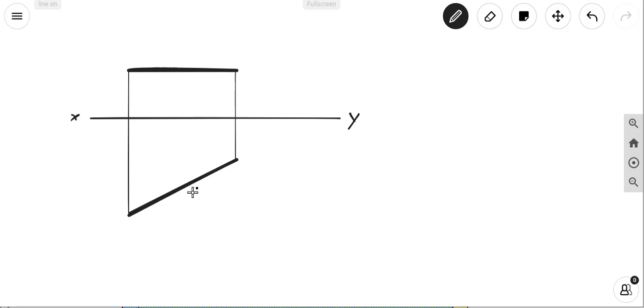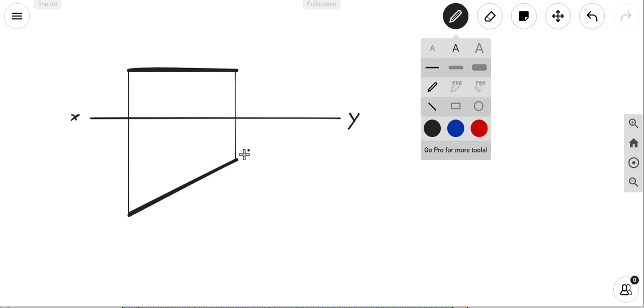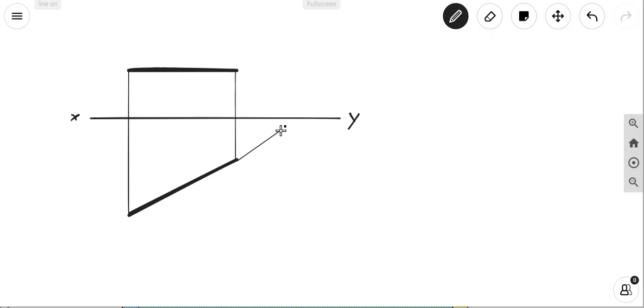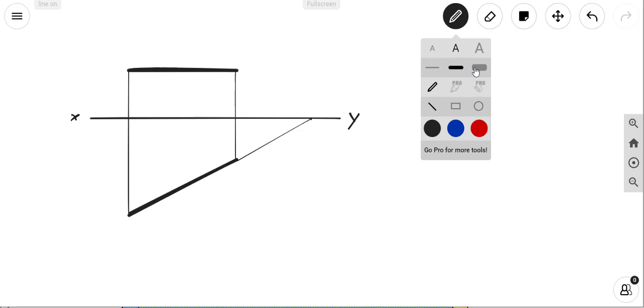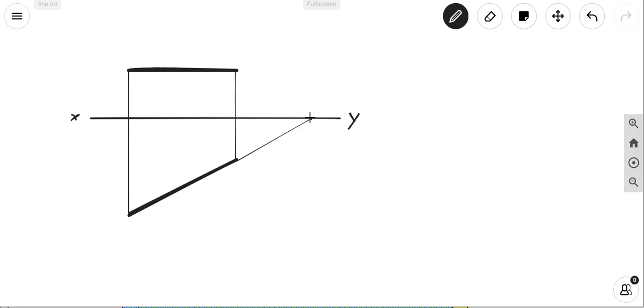In order for us to understand where you can see the actual vertical trace, when we are drawing this in orthographic projection, we will have to extend this line here. I'm extending this line and it meets the XY line at this particular point. This will be the intersection that the line makes with the vertical plane, and from the top you will be able to see this as a point.